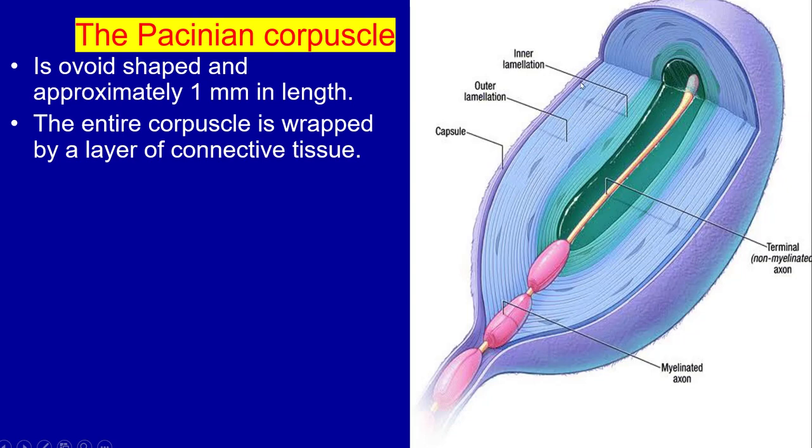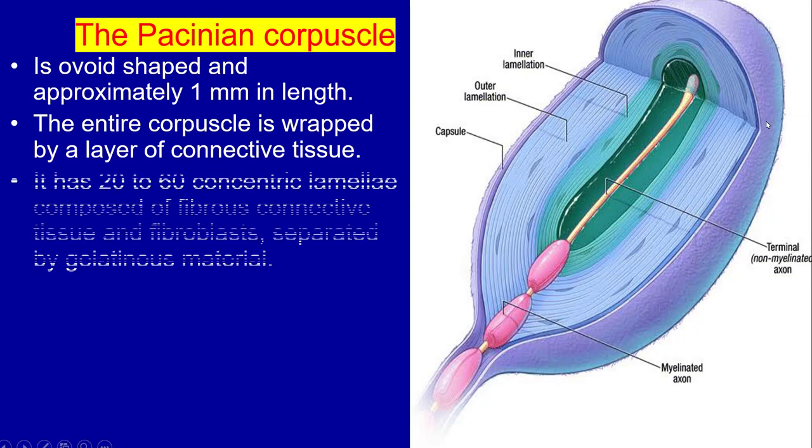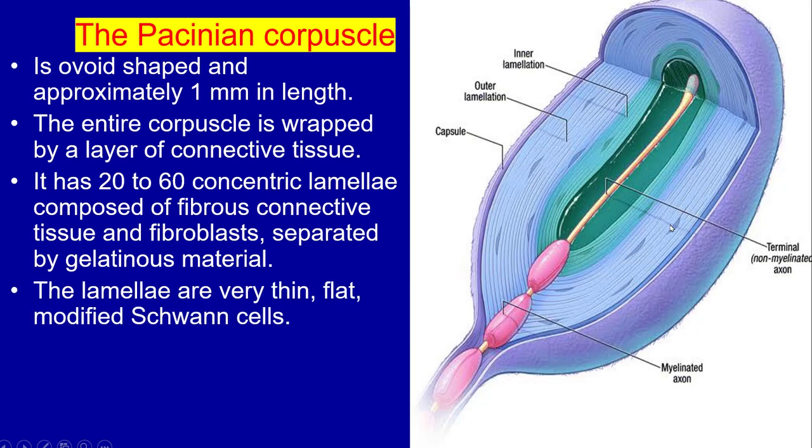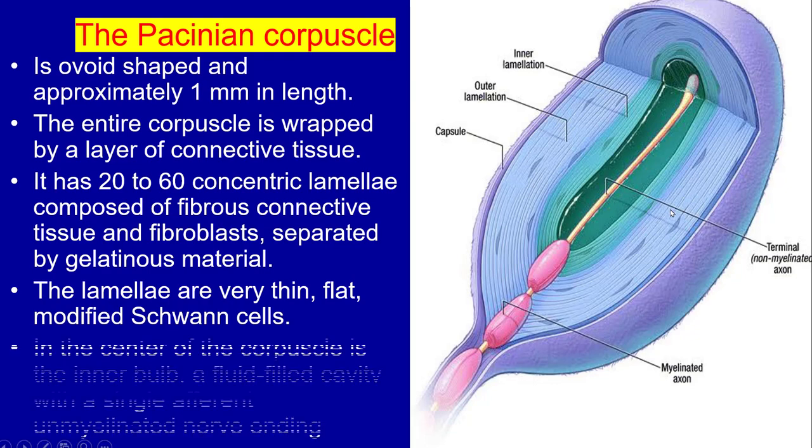It has 20 to 60 concentric laminae composed of fibrous connective tissue and fibroblasts separated by gelatinous material. The laminae are very thin, flat, modified Schwann cells.